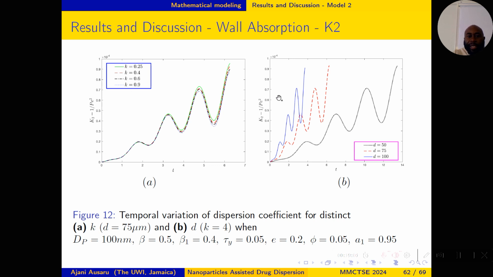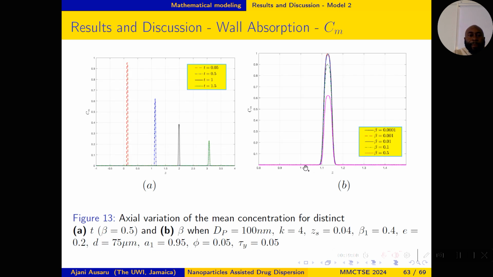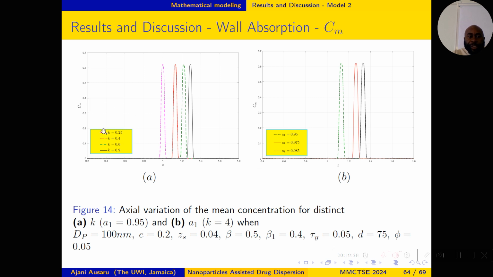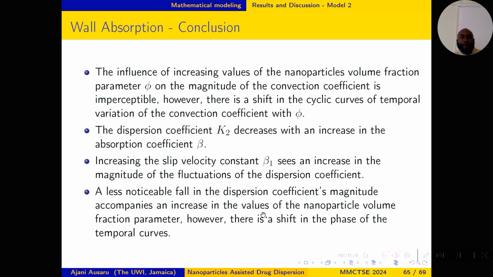Here, the permeability parameter K, the vessel diameter D. Here, some graphics as it relates to the mean concentration, how it varies temporally, as well as how it varies with our absorption coefficient beta, how it varies with our permeability parameter K, and our peripheral layer thickness A1, or more specifically 1 minus A1.